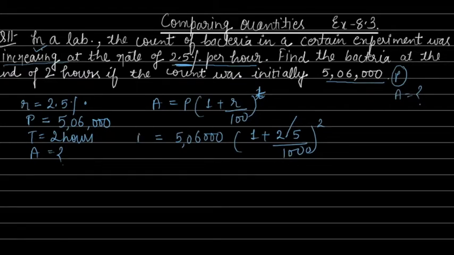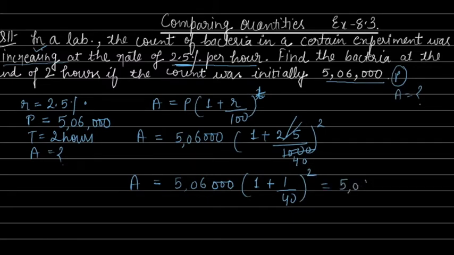So your amount comes out to be 506000 times (1 plus, I can cancel it, 25 4s are 100, so 1 by 40) squared, correct? So this becomes 506,000.